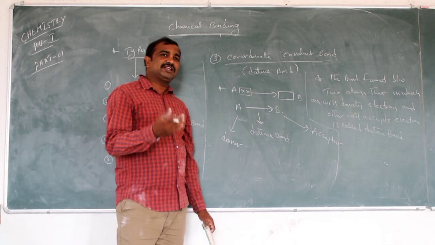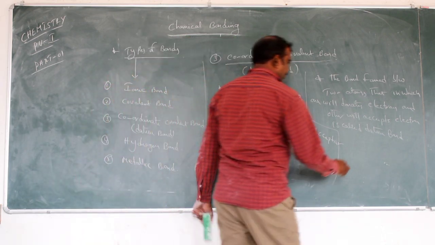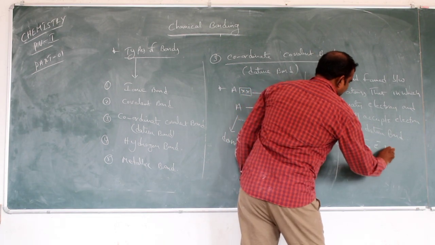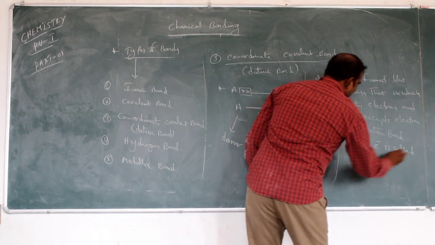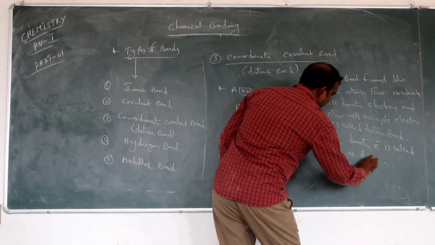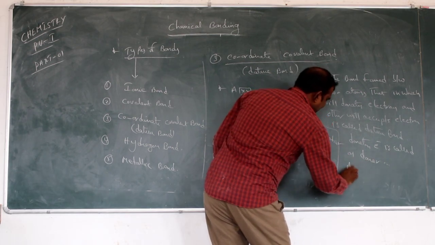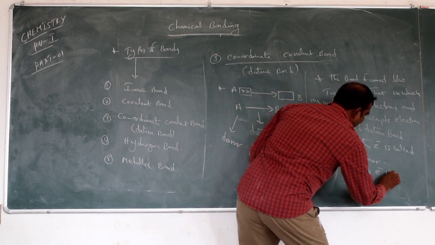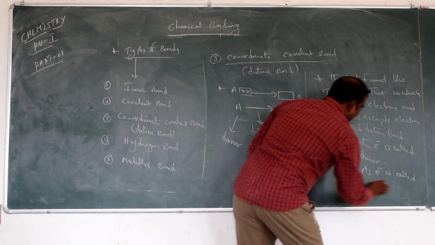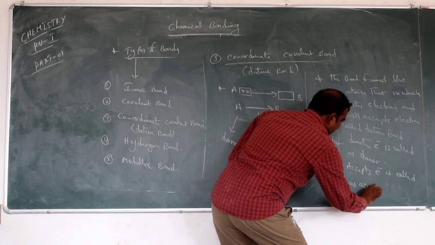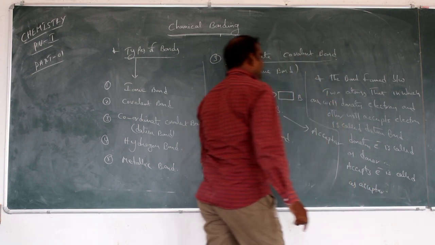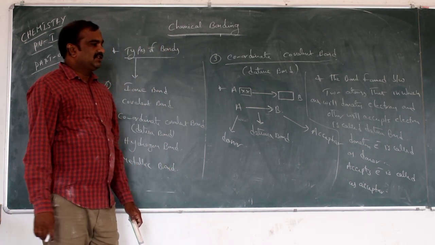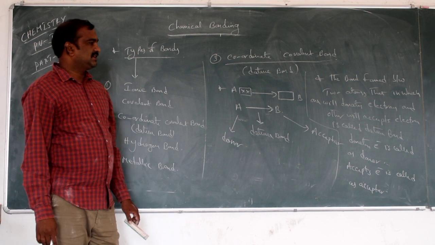The atom which donates electrons is called the donor, and the atom which accepts electrons is called the acceptor.